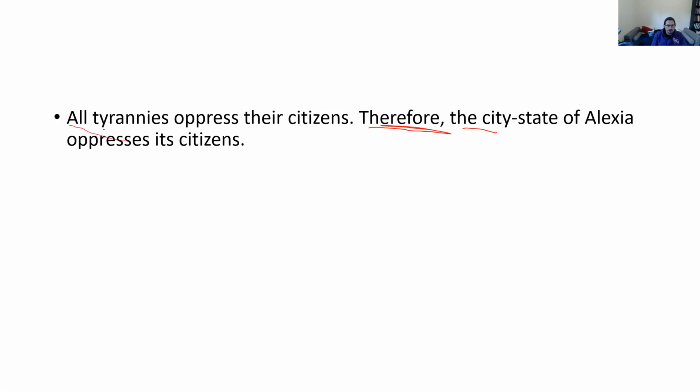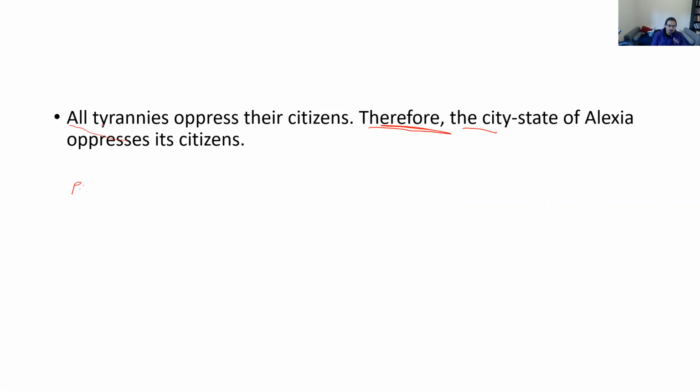All tyrannies oppress their citizens, right? So that's one premise. Now, is it premise 1 or is it premise 2? Doesn't matter. Actually, it does matter because of the location of the minor and major terms. But for now, we're just going to write premise.